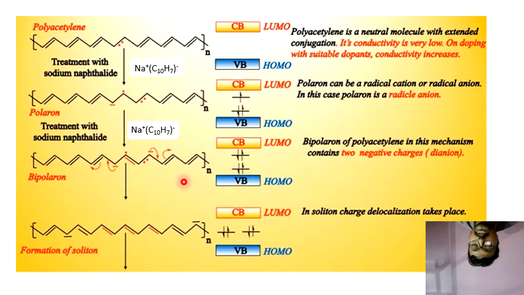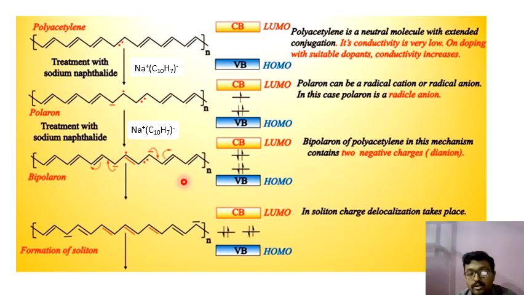We can also use an N dopant, negative charge, like sodium naphthalide. If we use a dopant, we are creating an extra positive charge or hole, or an extra negative charge, in the polymer. This extra positive or extra negative charge forces the electron conductivity from one part of the polymer chain to another part.